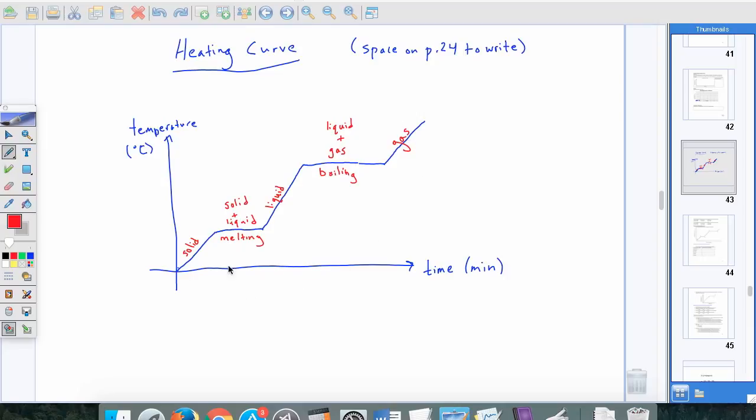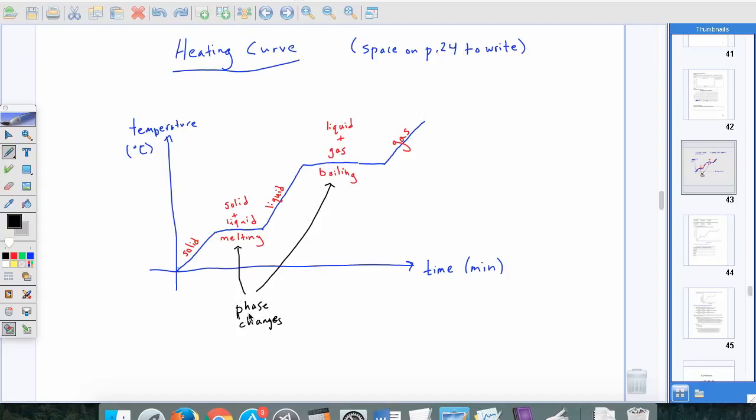Okay, so in the regions when there are phase changes, like here and here, these are phase changes. That means we're changing from one phase to another. So, in other words, one state of matter like solid to liquid.